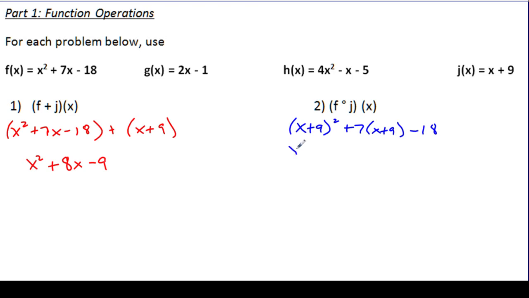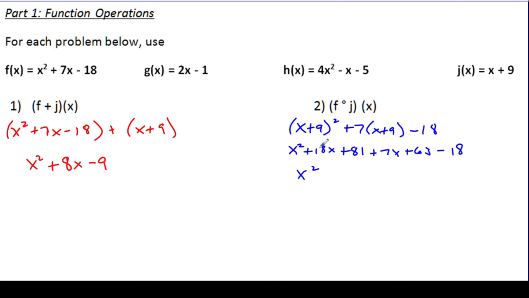And when you do that correctly, you get x squared plus 18x plus 81. Okay, so you can expand that out and FOIL it out yourself. Okay, and then when I distribute the 7 in, I get plus 7x plus 63. Okay, minus 18. All right, so we just need to combine like terms in this case. So the x squared has nothing to combine with, so that's our easy one. I can just say x squared.